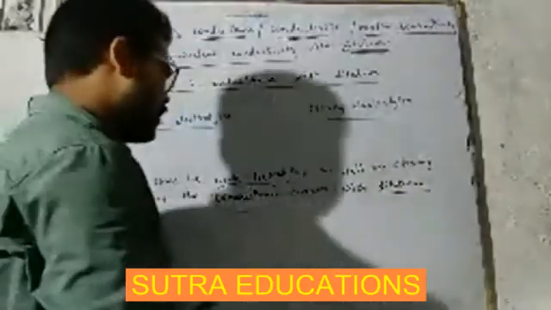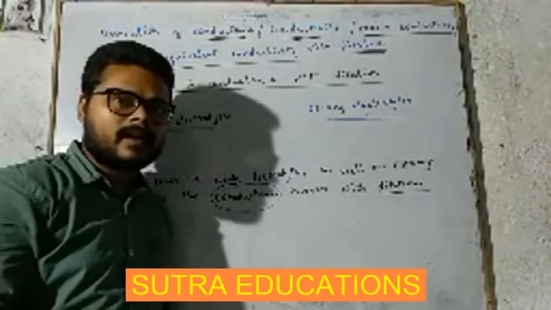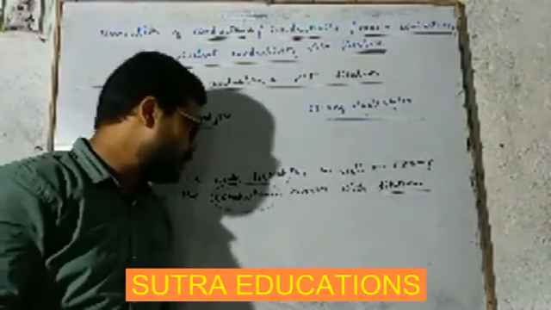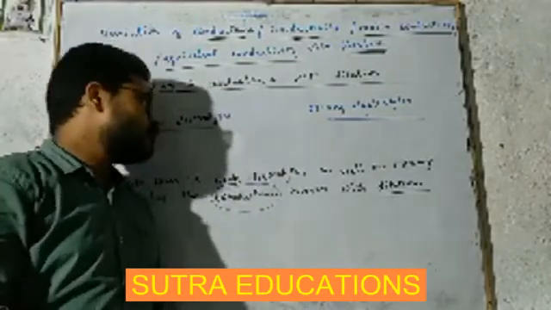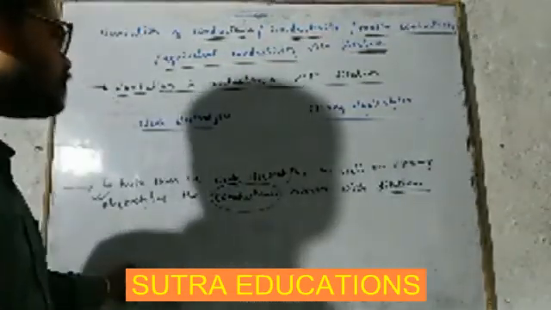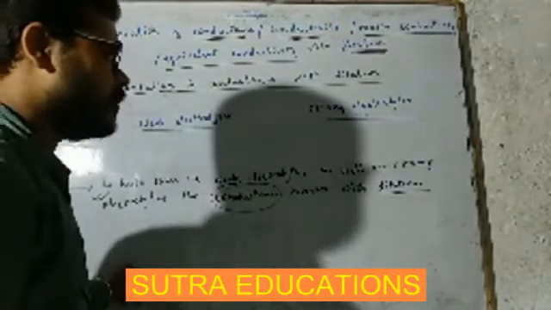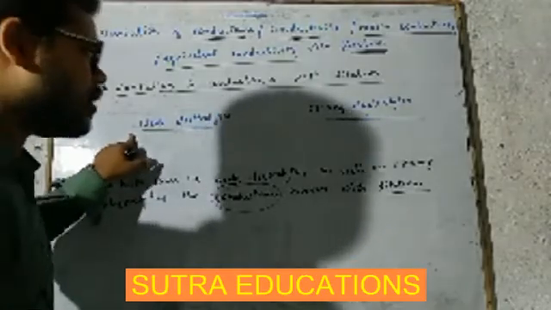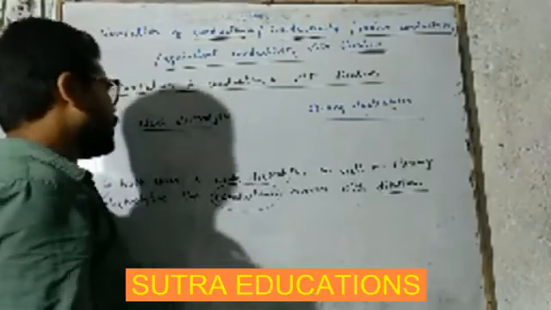If more ions are present in the solution, then conductance will be more. So as we are adding more and more water to weak electrolytes and strong electrolytes, what happens? Let's discuss in case of weak electrolytes at first.